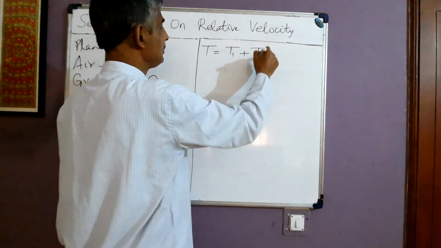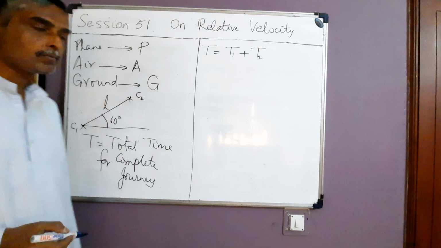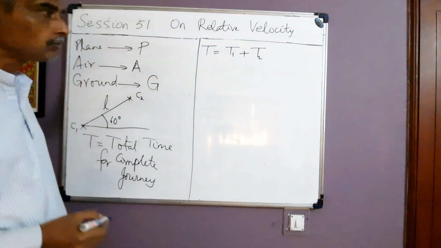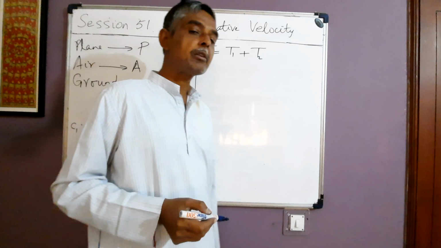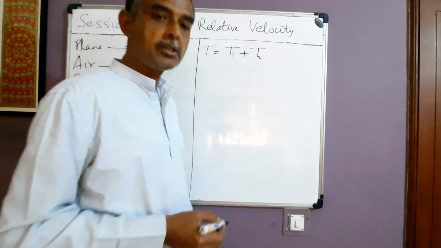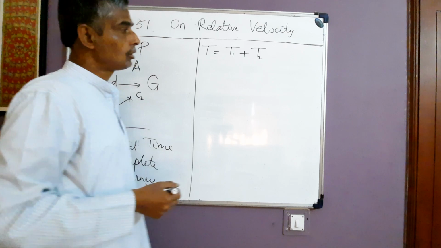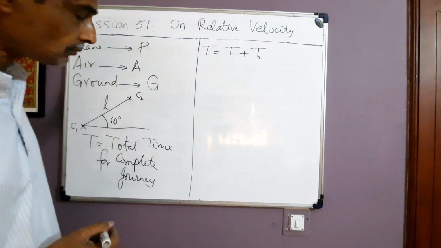Here T1 is the time taken by the plane to fly from C1 to C2, and T2 is the time taken by the plane to fly from C2 to C1. Now to know T, we have to know T1 and T2. So first we determine T1.